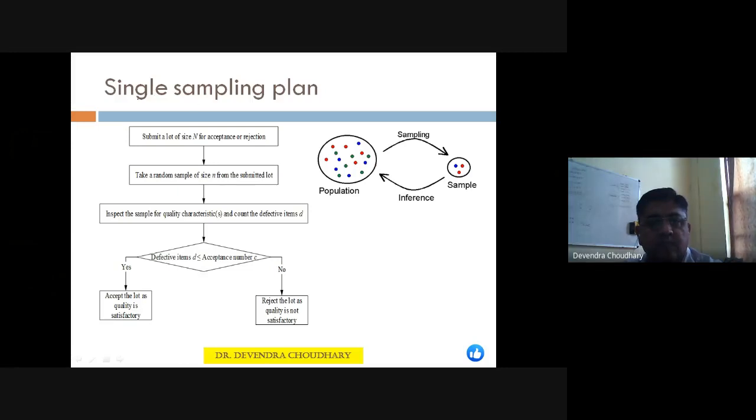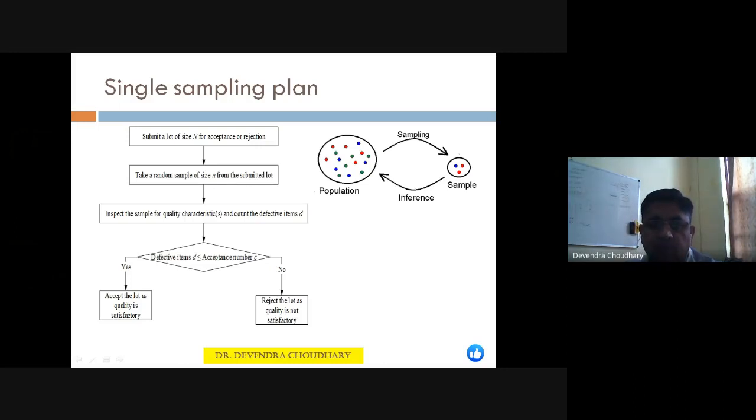In a single sampling plan, a lot is submitted by the supplier. From this lot, a customer takes a sample and checks or inspects all the items of the sample.